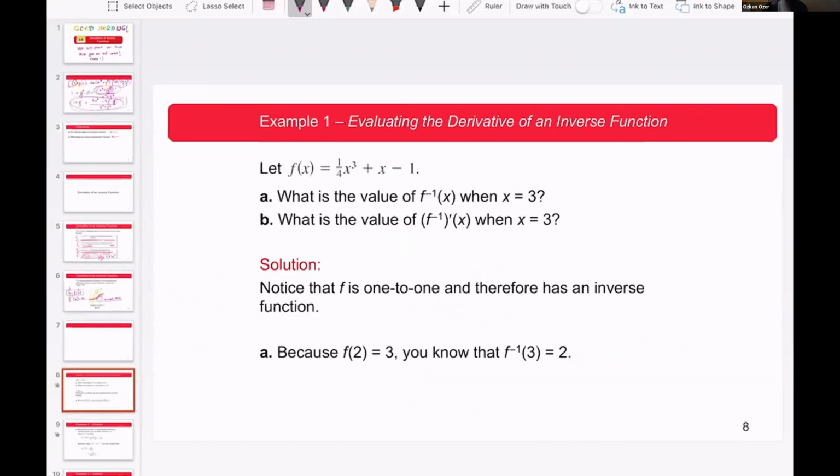So speaking of that, what is the value of f inverse of x when x equals 3? In other words, the question is asking, what is f inverse of 3, right?